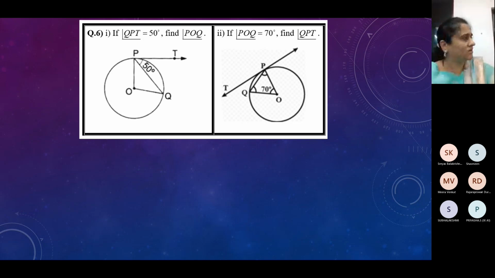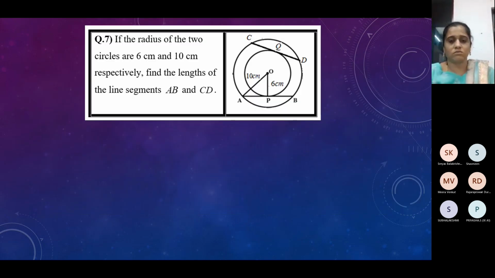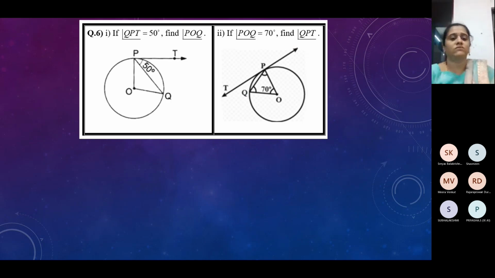We didn't do this in the last class? No, we didn't do this. Yeah, children. Find out what's the measure of POQ. I think we did a similar one in the last class. Use alternate segment theorem and tell me which angle we can find.